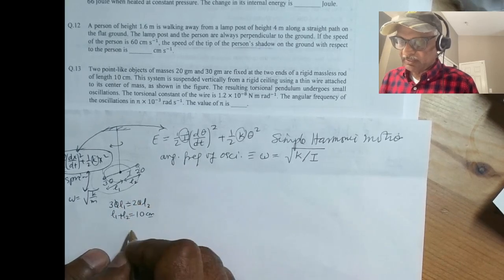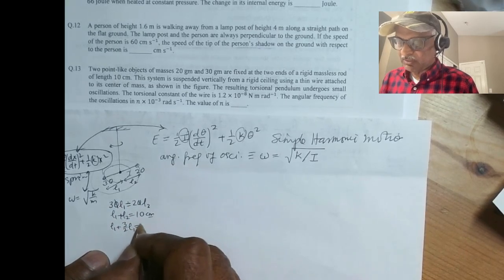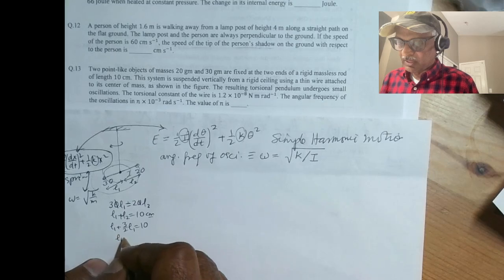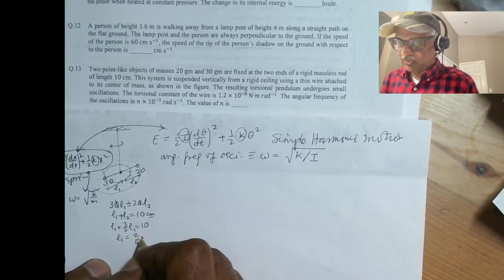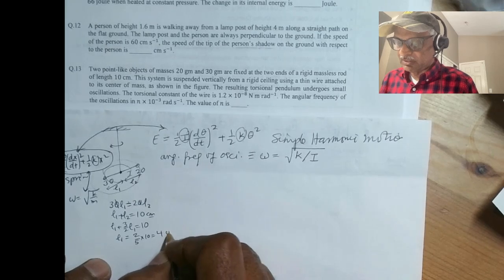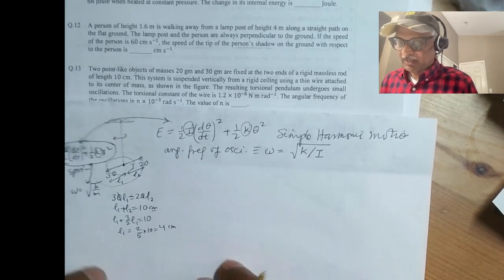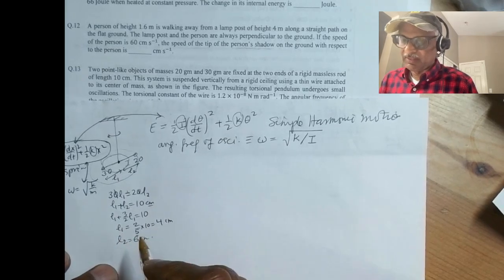So cancelling that, L1 plus 3/2 L1 is 10. So L1 equals 2/5 times 10, and that's 4 centimeter. And so L2 equals 6 centimeters.